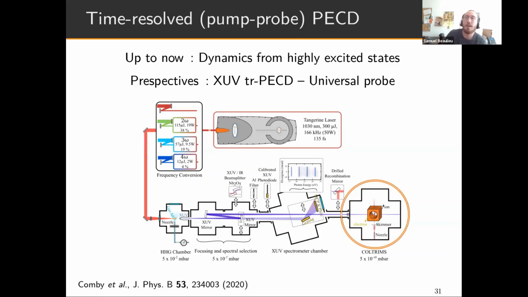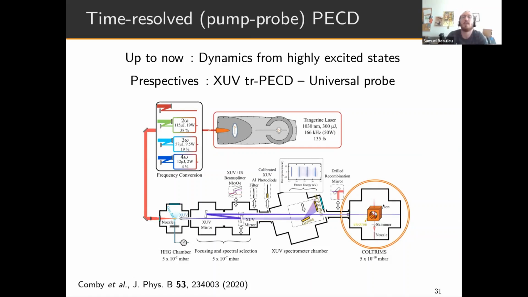But just to wrap up, up to now, we have seen that time-resolved PECD has been applied only to investigate ultrafast dynamics of highly excited Rydberg states. One of the ongoing developments of time-resolved PECD is to use XUV pulses as a probe.